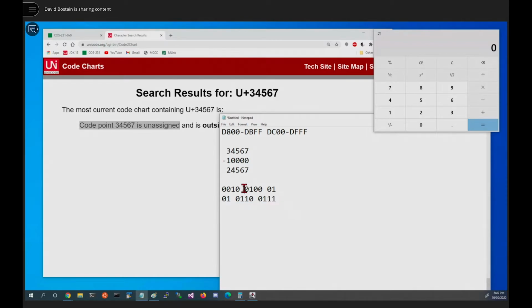So to do that, first thing I'm going to do is get rid of the spaces and then reorder it so it is in normal nibbles, and stick a couple zeros on the front of this so it also is 4 nibbles long. Now, if I'm going to add this to something that is 4 nibbles long, I need 4 more zeros as well.